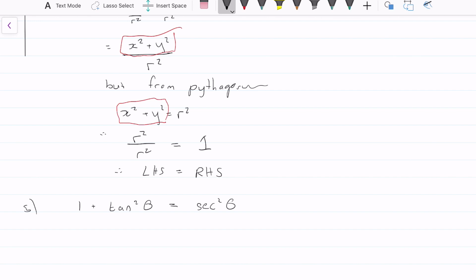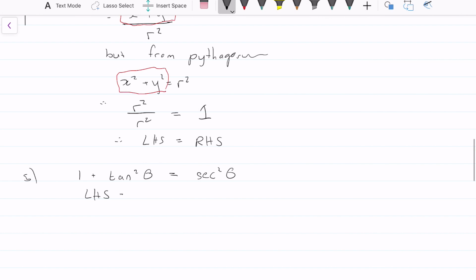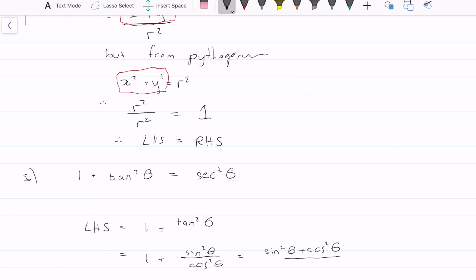So if we work with our left hand side, we have 1 plus tan squared theta, which is equal to 1 plus sine squared theta over cos squared theta, which is equal to sine squared theta plus cos squared theta all over cos squared theta.